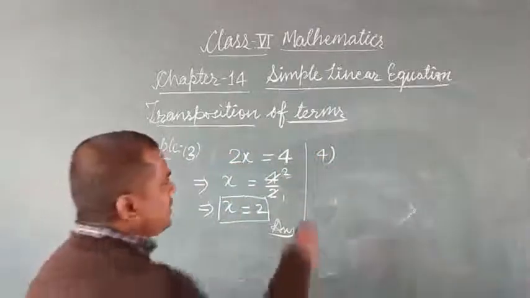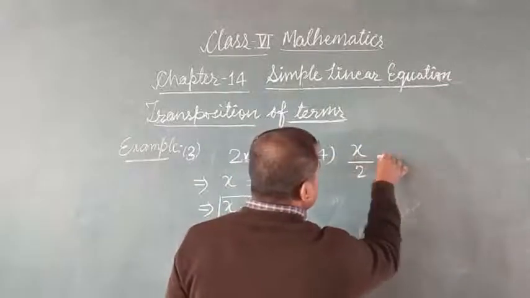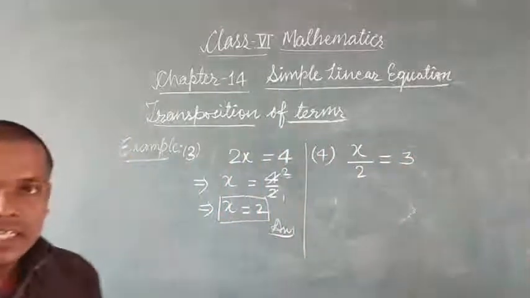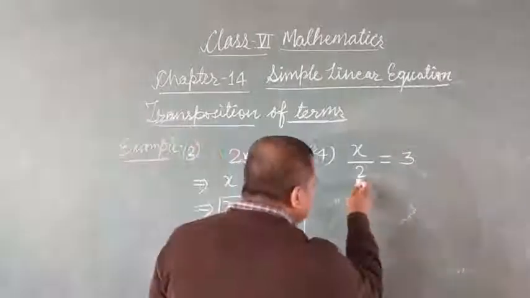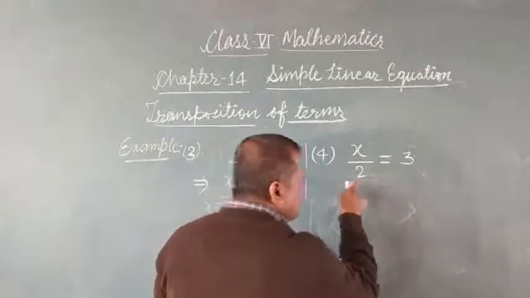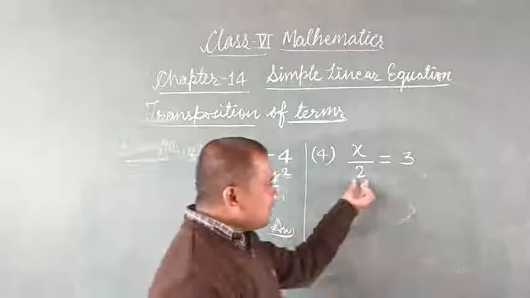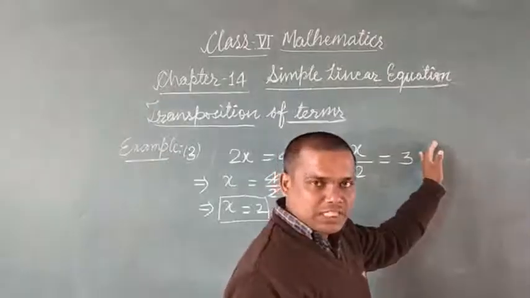If we are having this kind of term, equation x by 2 is equal to 3. Then it is said that find the value of x. In this case we will send this denominator to the right side, and as it is here division, so it will go here, it will become multiplication here.